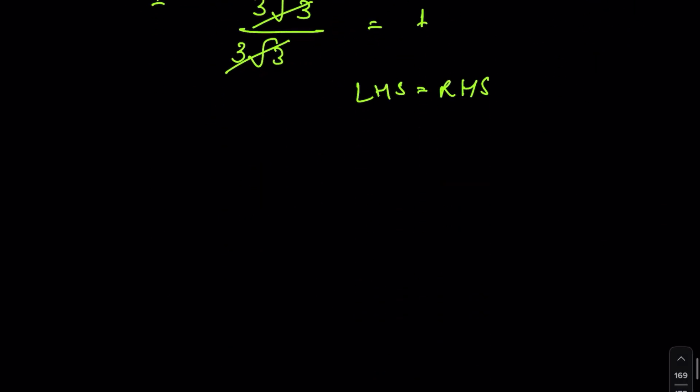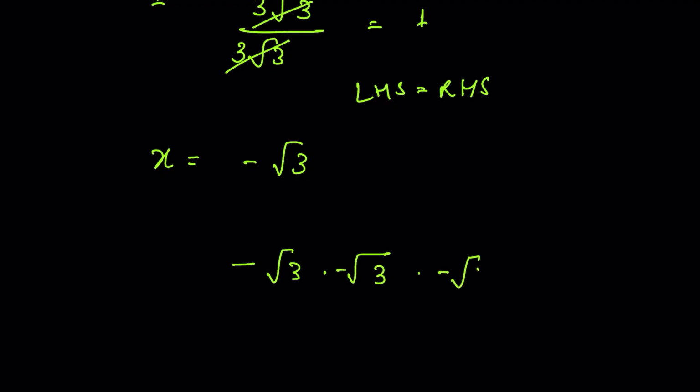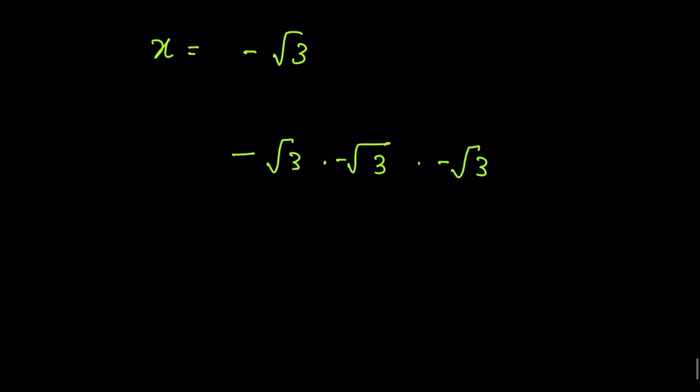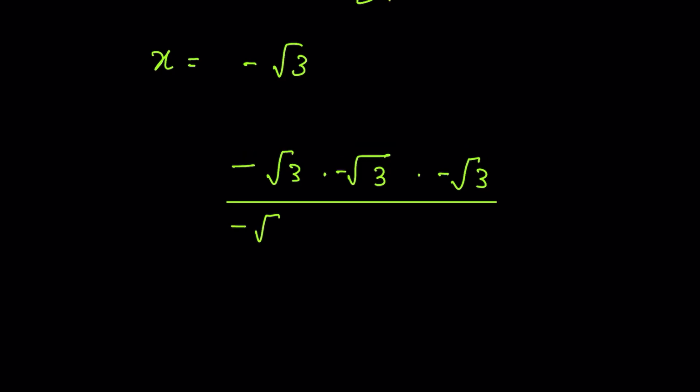Let's take x equals minus square root of 3. So minus square root of 3 times minus square root of 3 times minus square root of 3. Minus minus plus. So this is minus square root of 3 plus minus square root of 3 plus minus square root of 3. We have to check whether it is equal to 1.